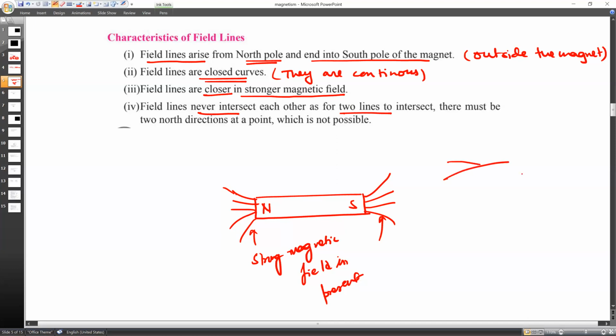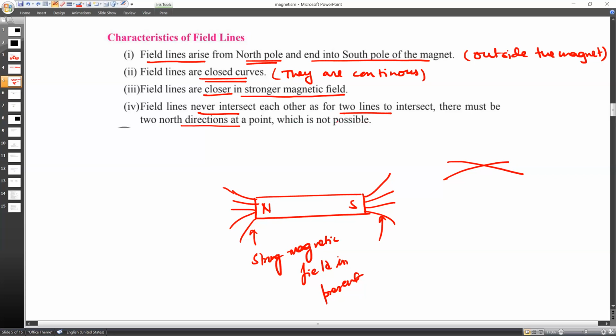Because if they intersect, then at the point of intersection, if you put a compass needle, it would have to point towards this direction as well as that direction. That is not possible; there is no point anywhere where the needle points in two directions. For two lines to intersect, there must be two north directions, which is not possible.